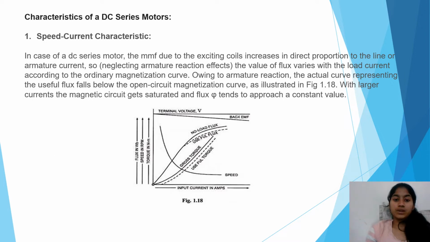Owing to the armature reaction, the actual curve representing the usual flux falls below the open circuit magnetization curve, as illustrated in figure 1.18. With large currents, the magnetic circuits get saturated and flux tends to approach a constant value, as shown in the graph. Now take a look at the graph.